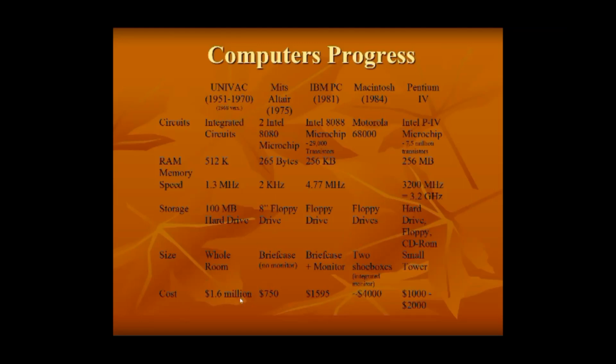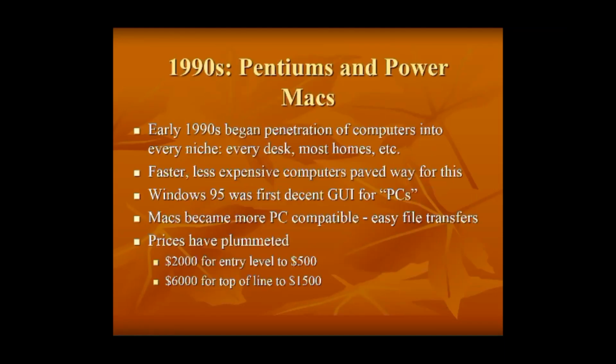That's how expensive it is. Then the MITS Altair is $750, the IBM PC is $1,595, the Macintosh is $4,000, and the Pentium 4 is $1,000 to $2,000. So that's how the computer progressed.